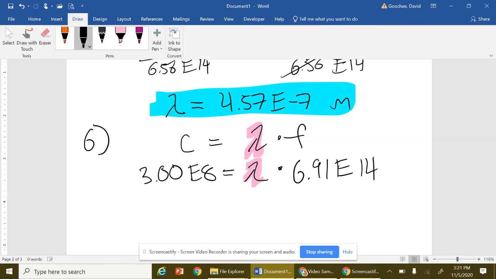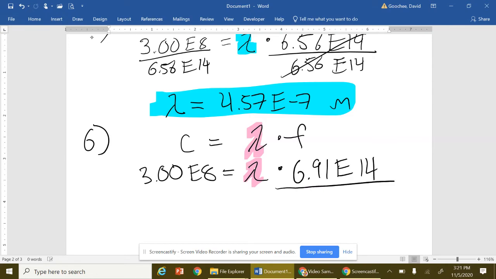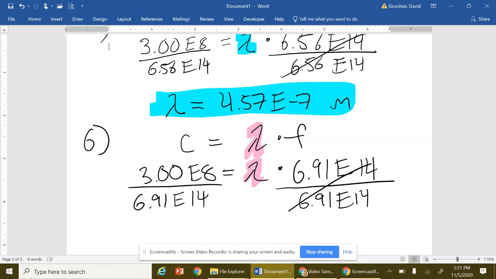Well, we've got to get this wavelength by itself. So let's divide both sides here by 6.91 times 10 to the 14th. Once again, I'm going to put that into my calculator.